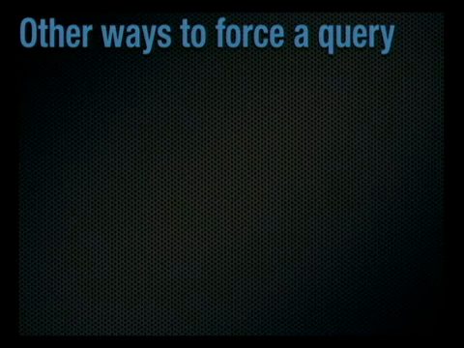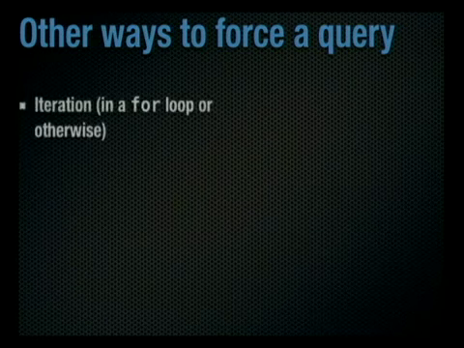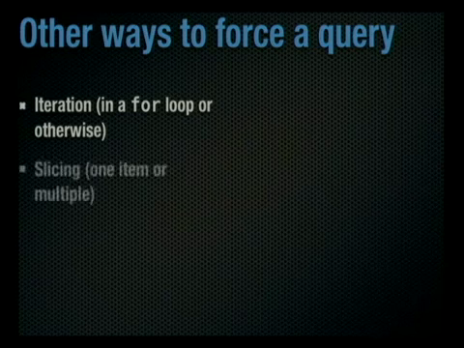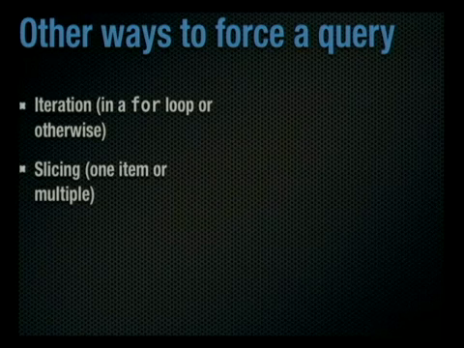There are other ways you can force a query besides calling one of these methods. If you iterate over a query set that has not yet done its query, so if you use a for loop, or if you ask for an iterator of it, or if you stick it in a generator, Django will evaluate the query and hit your database. If you slice a query set, ask it for one item indexed out of it, or ask for a slice of it, Django will do the query right there and give you back whatever slice you asked for out of the query set.